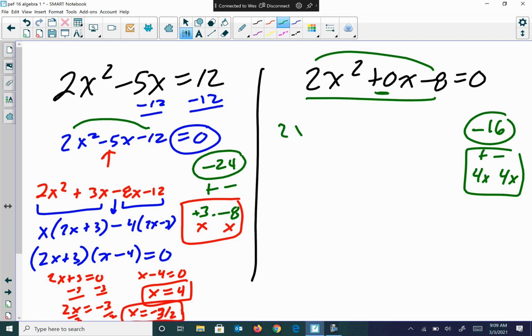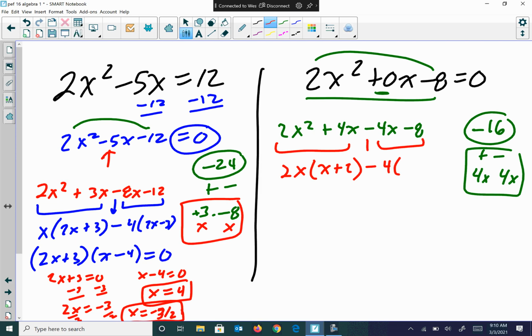Bring these down, 2x squared plus 4x minus 8. I have a 2x in common here. I have a negative here and a 4. Signs change because I factored a negative out.